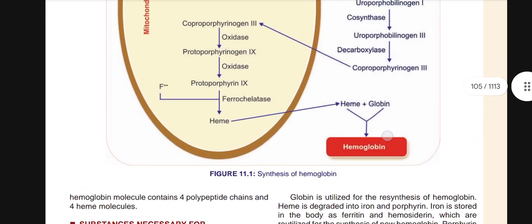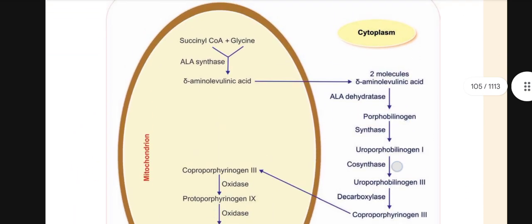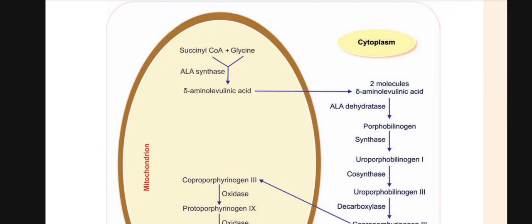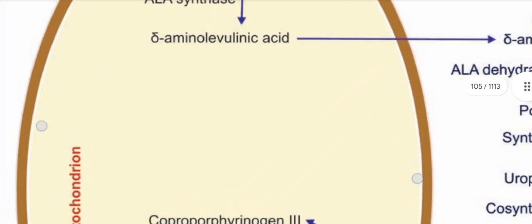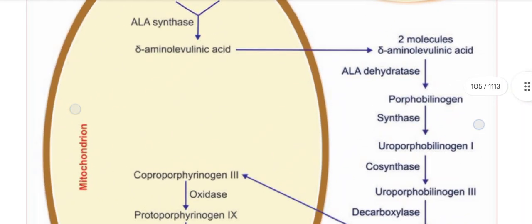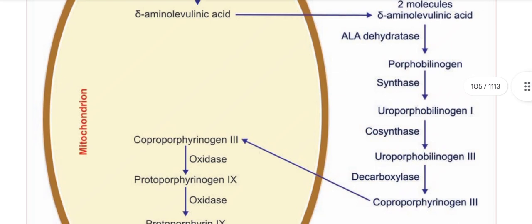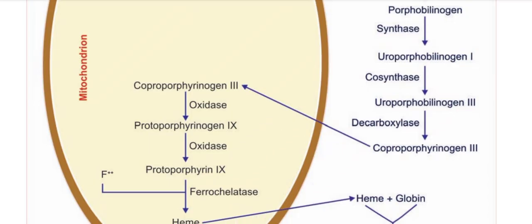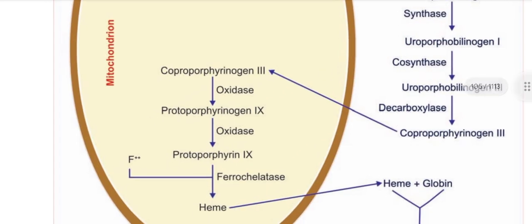Now, if we see the figure of synthesis of hemoglobin, in the mitochondria, succinyl-CoA plus glycine along with ALA synthase is converted into delta amino levulinic acid, which comes into the cytoplasm, and 2 molecules of delta amino levulinic acid, with the help of ALA dehydratase, are converted into porphobilinogen, which is synthesized to uroporphyrinogen 1, then by cosynthase to uroporphyrinogen 3, then by decarboxylase to coproporphyrinogen 3, and it comes again into the mitochondria.